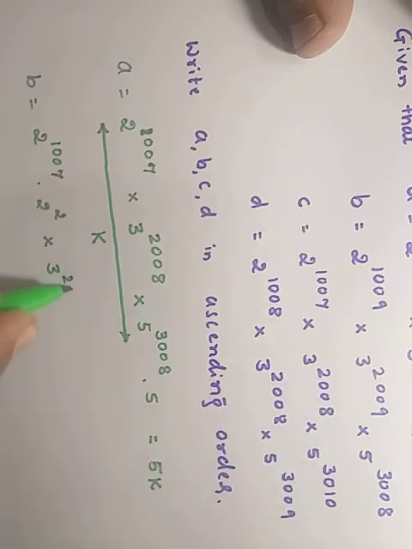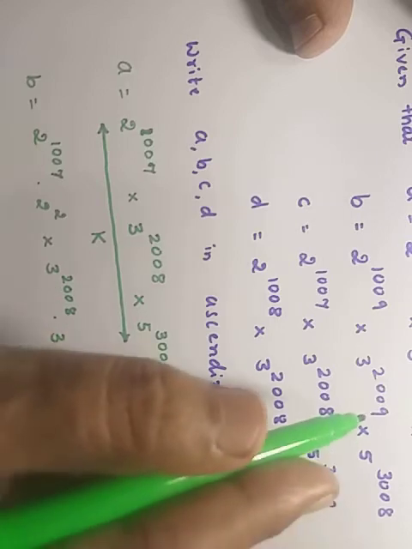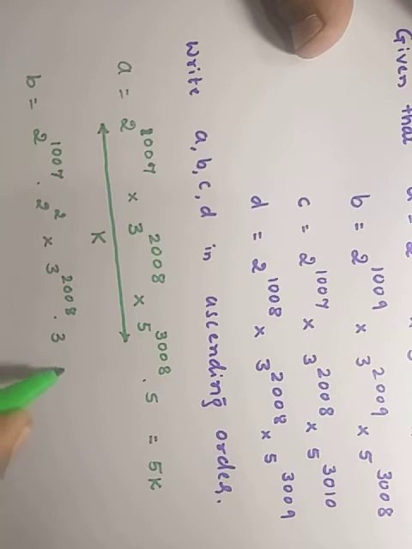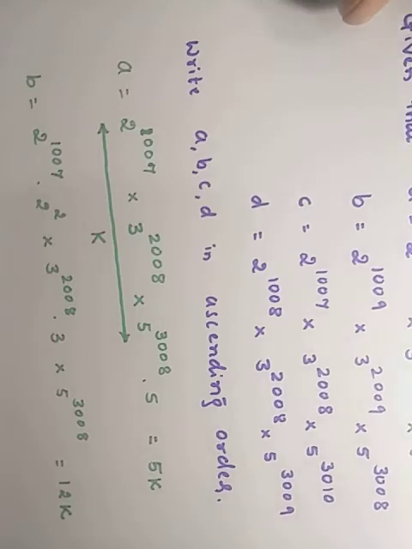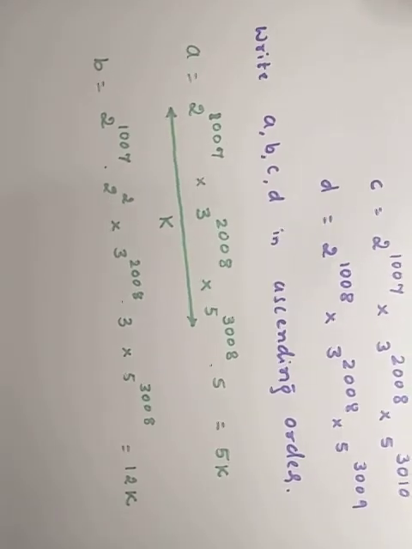Therefore, 3 to the power 2008 into 3 to the power 1, since 1 plus 2008 is 2009, into 5 to the power 3008 is the least, therefore we will keep it as it is. That's equal to, now 2 to the power 2 is 4, 4 into 3 is 12, and 2 to the power 1007 into 3 to the power 2008 and 5 to the power 3008 combined together is K, therefore this becomes 12K. Now I think you have understood the concept here, it's more clear now.